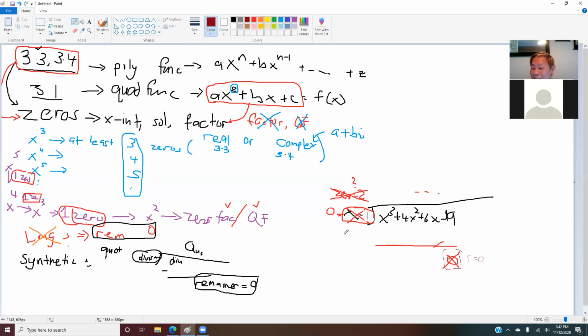So that's the reason why 3.3 and 3.4 is tough, because you have to keep on trying this countless times until your remainder is 0. But doing long division is something that I do not want to do. So I need to teach you how to do the synthetic division.